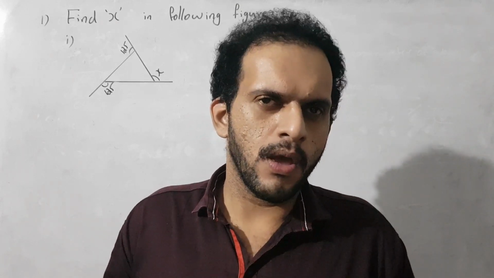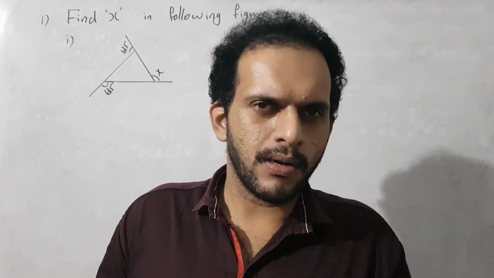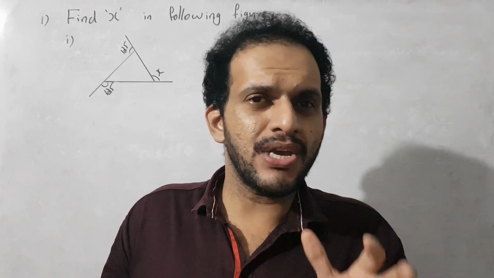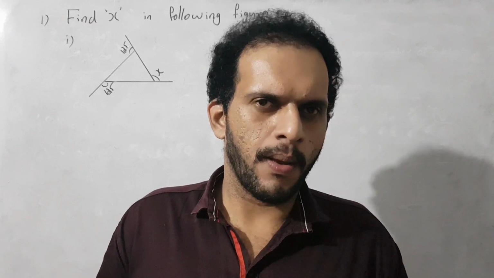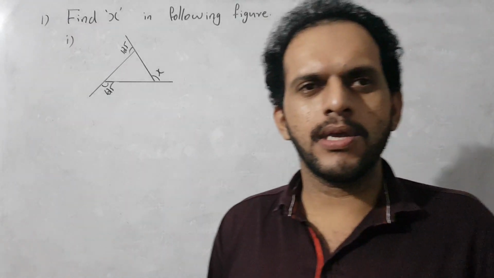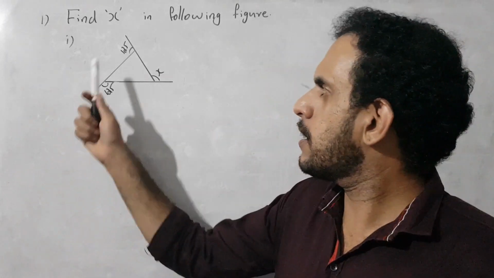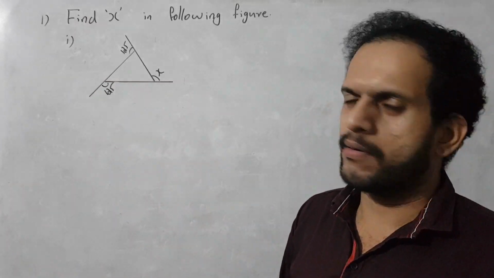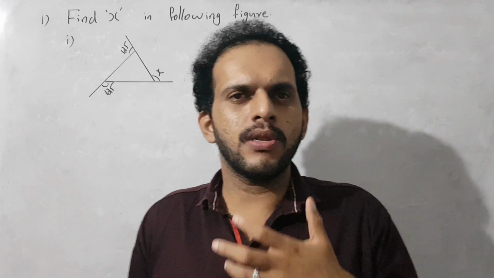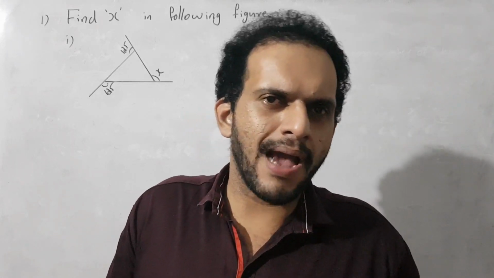What is the first step there? We identify the figure, because according to the number of sides of the polygon, the interior angle sum will change. But here the x is marked on the exterior, correct? So all given measurements are exterior angles. Since x is marked on the exterior, we need to use the exterior angle sum property.